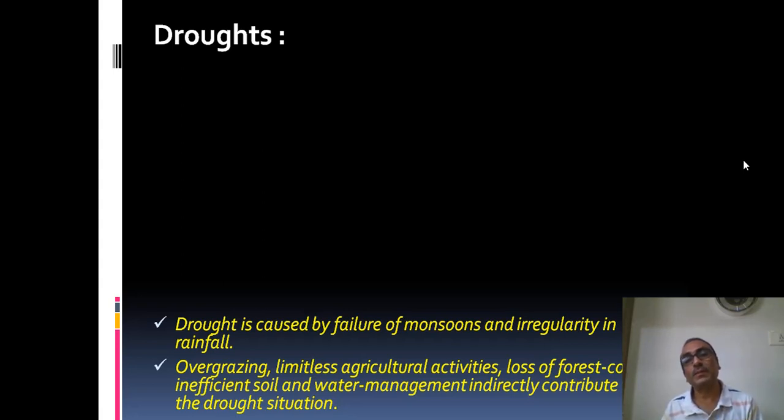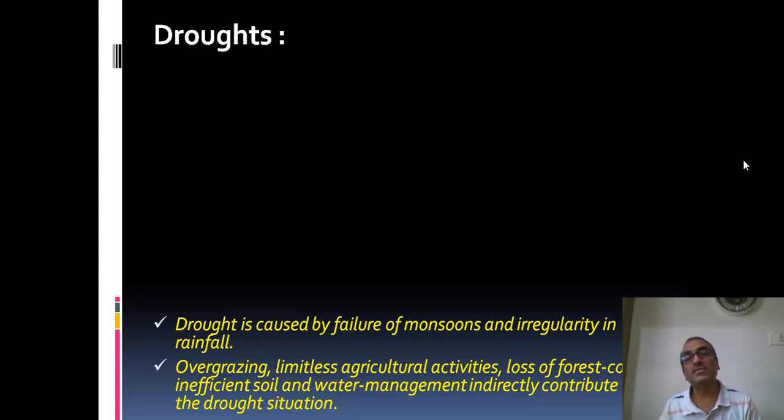Drinking water availability becomes scarce, and people suffer from famine, that is unavailability of food, and people may die due to hunger. Drought is caused by failure of the monsoon and irregularity in the rainfall.